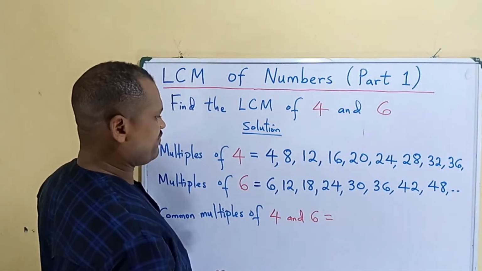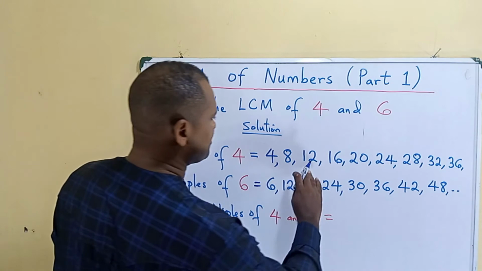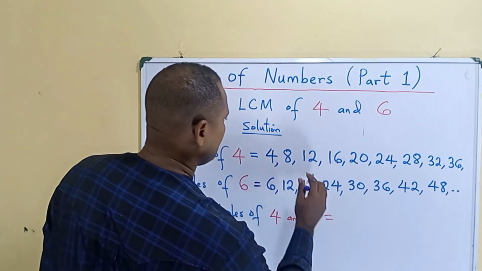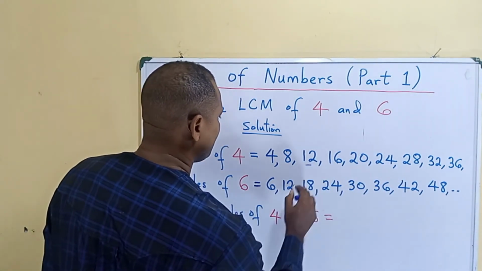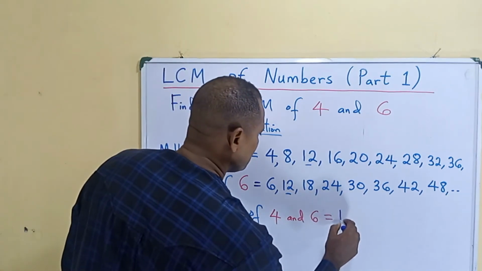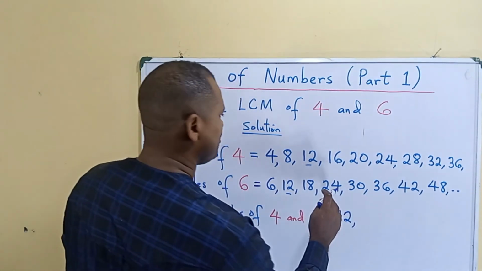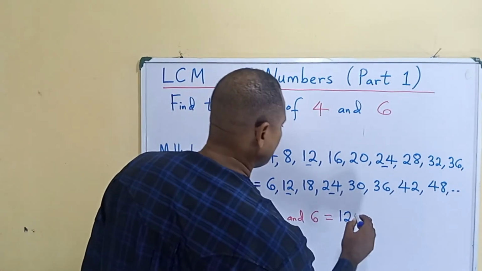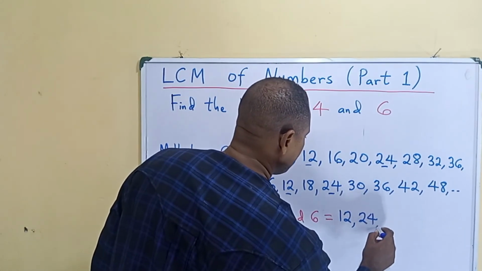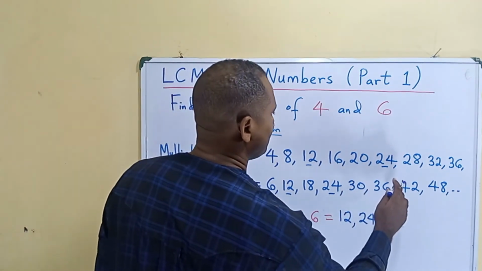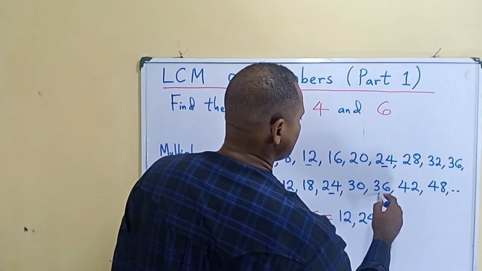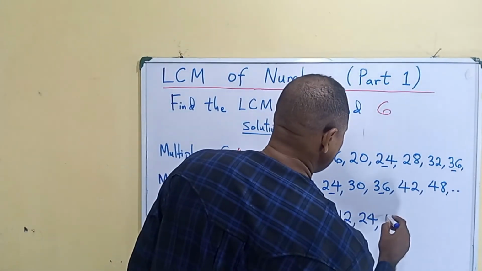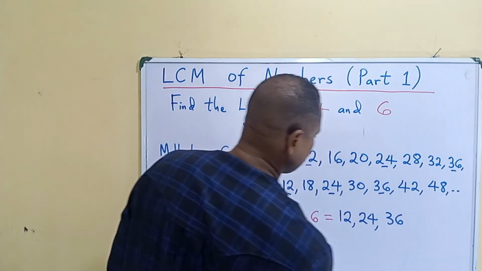So you ask yourself, what numbers are here and here? Of course, we have 12 here and 12 here. So 12, we have 24 here, 24 here, 24, we have 36 here, 36 here, 36.